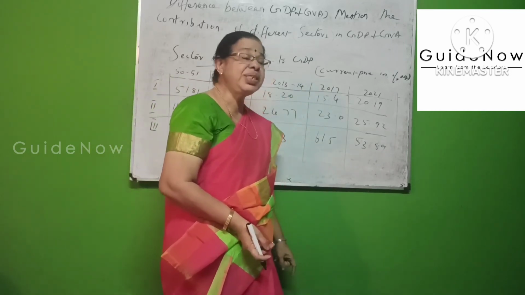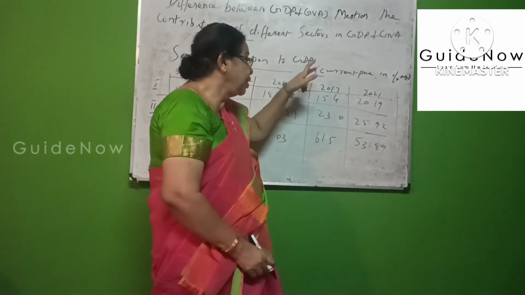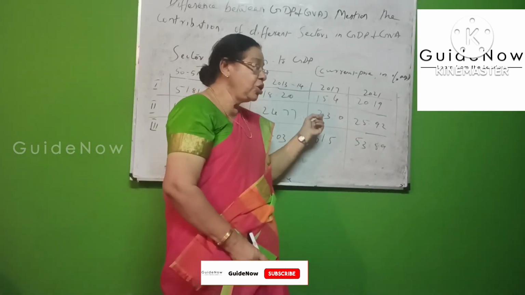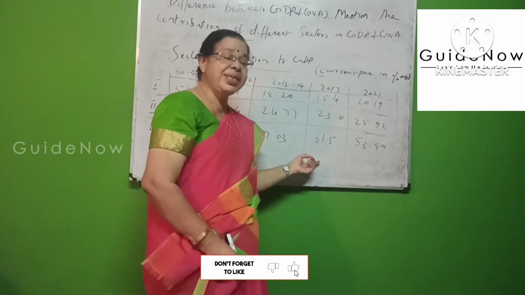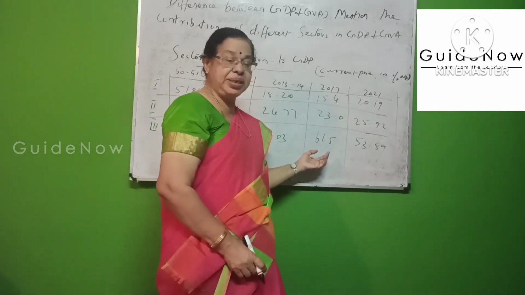Then in 2017, the agriculture sector contribution to GDP comes down again, 15.4, industrial sector 23.0%. The service sector shows an increase, 61.5%.